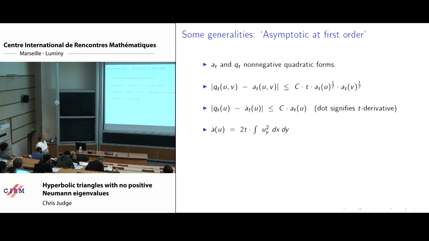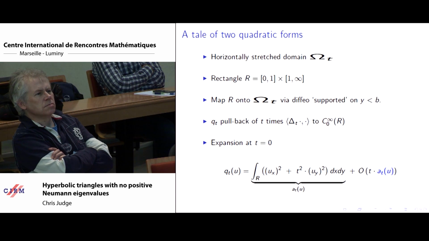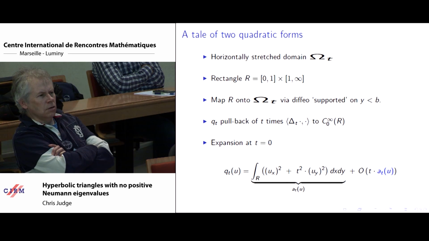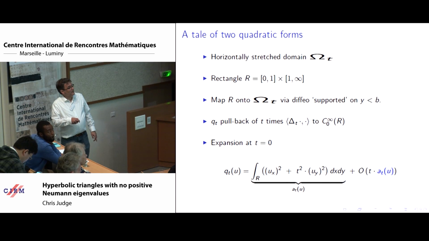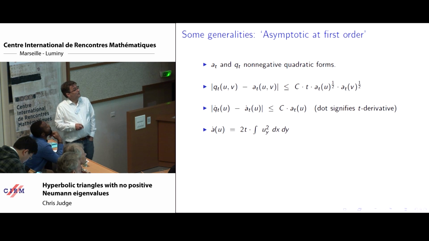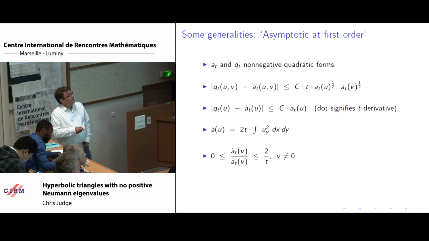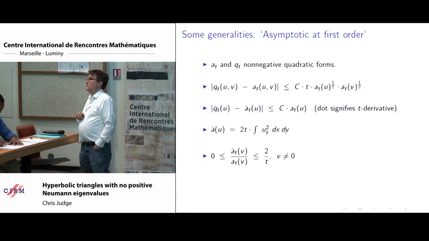In this particular case, A dot is 2t times the integral of uy squared, because it only involves, let's see, go back, here's the only involvement of t in AT. So when I take the derivative, I get 2t, and then this part goes away. So the derivative is positive, and in fact, it's less than or equal to 2 over t.